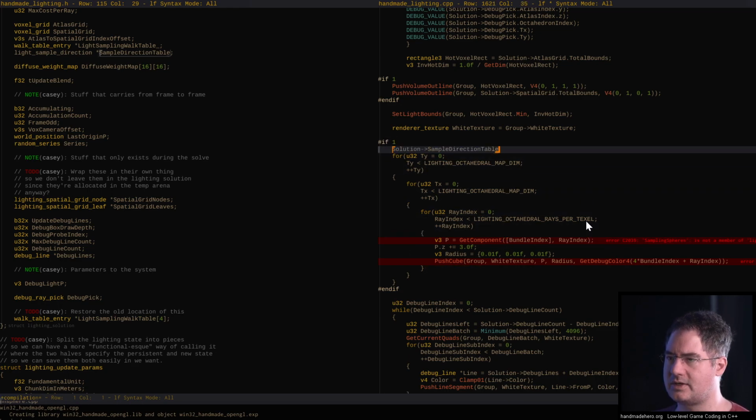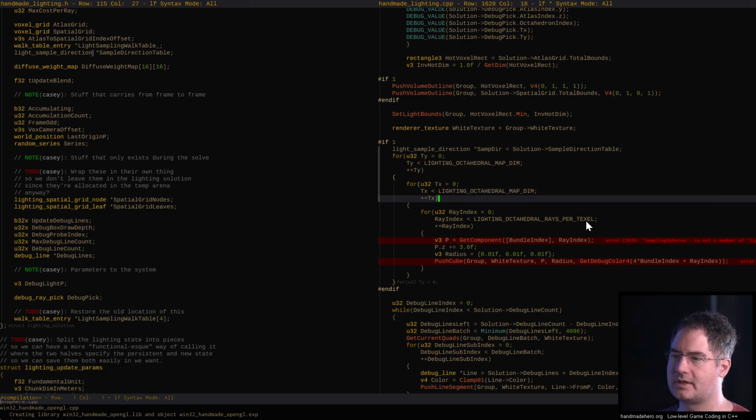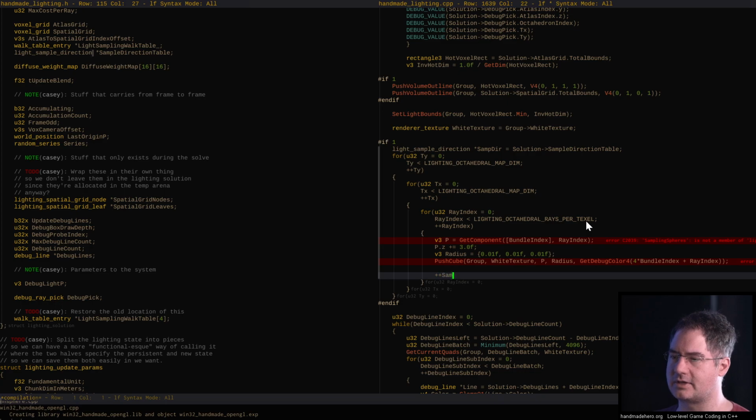So we would start by saying sampdir equals whatever the first thing in the table is, and then each time through here when we draw a ray, we want to go to the next one.